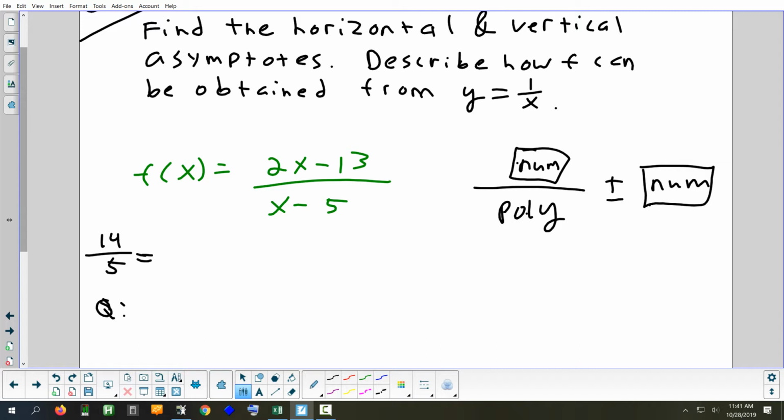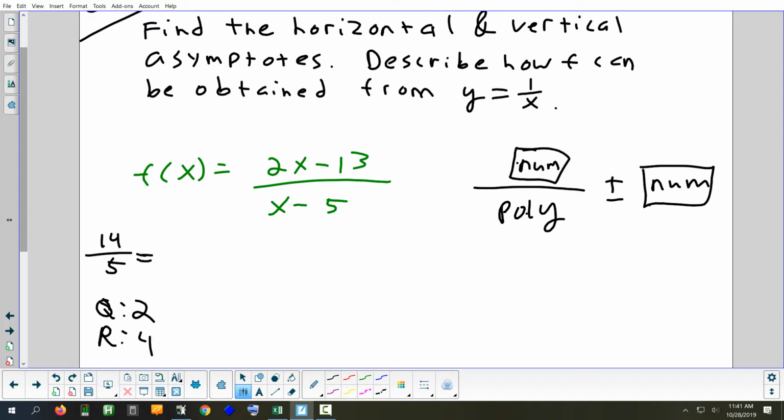I'm sorry. I meant to say bless you when you sneeze. Jacob, what's the quotient when you divide 14 by 5? 2.8. Just the quotient. 14, that's my numerator. Quotient is the whole number part, so 2. And my remainder? 4. Yeah.